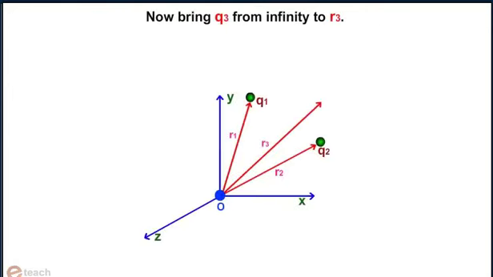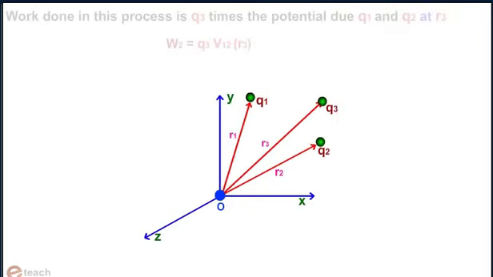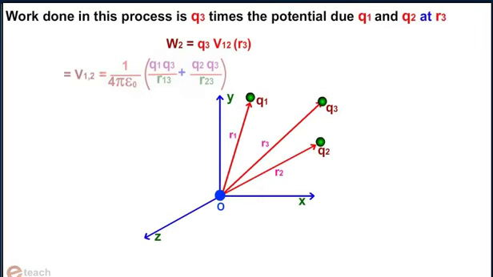Now bring q3 from infinity to r3. Work done in this process is q3 times the potential due to q1 and q2 at r3. That is, W2 equals q3 into V12 at r3. This implies the work done equals 1 by 4 pi epsilon naught times q1 q3 by r13 plus q2 q3 by r23.